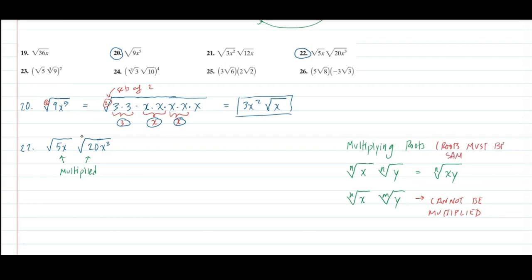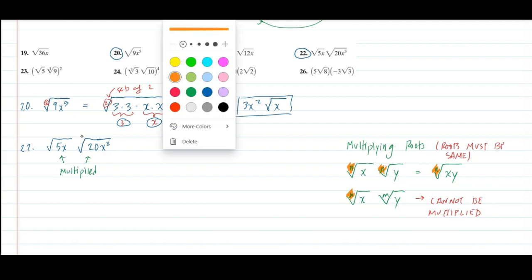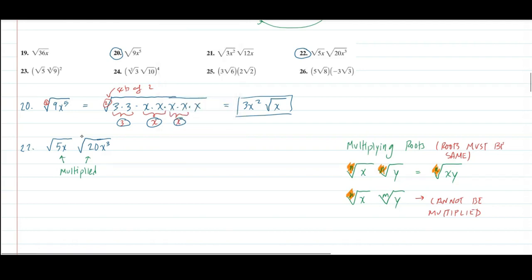If the roots are not the same, you cannot multiply what's on the inside. As long as the roots here are the same, n and n, you can make that the nth root. If they are not the same, this one's an n and the other one is an m, that's why the problem wasn't happening. You can try to simplify them individually and see where that would go, but you cannot multiply what is on the inside of each root. So that's the idea.